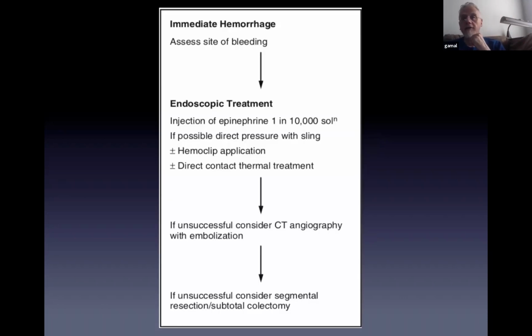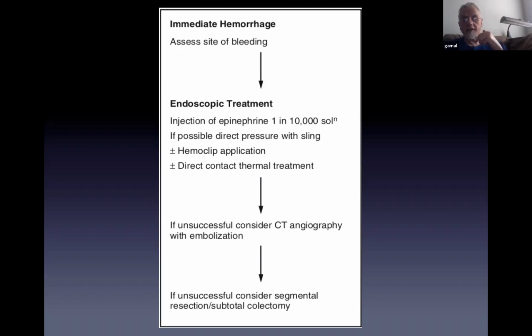And here is our algorithm of how we manage some of the post-colonoscopy bleeding. Assess the site of bleeding. Endoscopic treatment is almost always successful. It really is a good thing. They can inject epi, they can do hemoclip, you can do direct thermal contact. If unsuccessful, you should probably do a CT angiography to localize that.